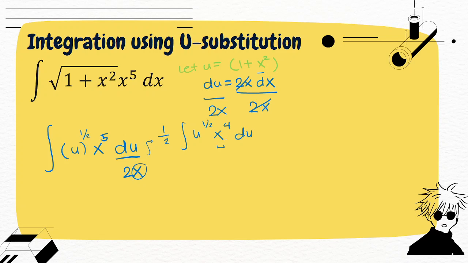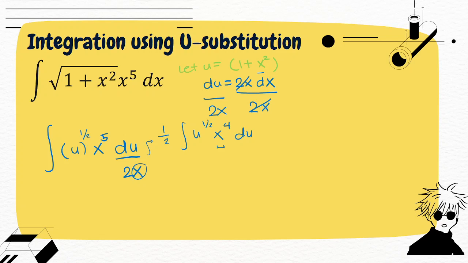So, since there is still an x, I will let another u. Or rather, what should I let? The x to the power of 4 or the x to the power of 5? Oh, the x to the power of 4.